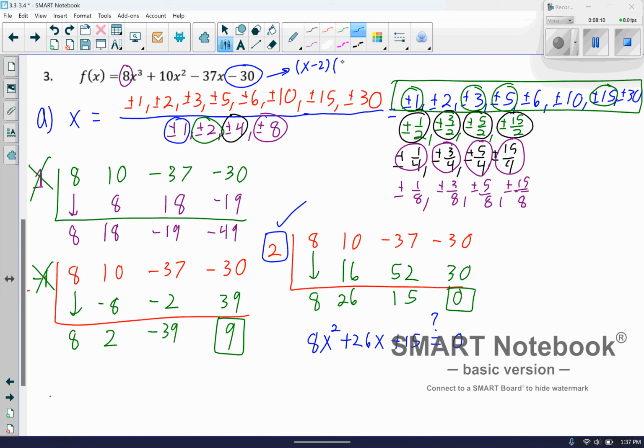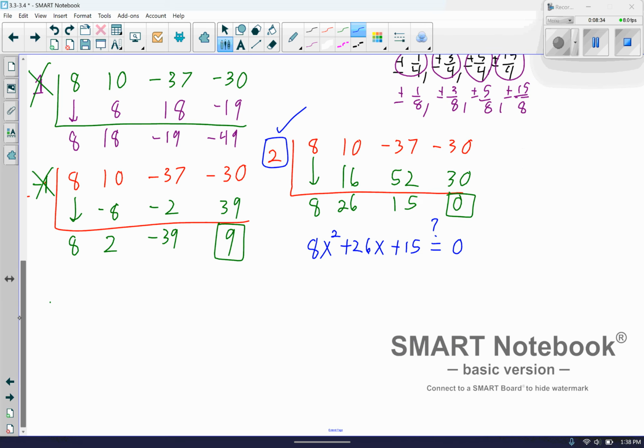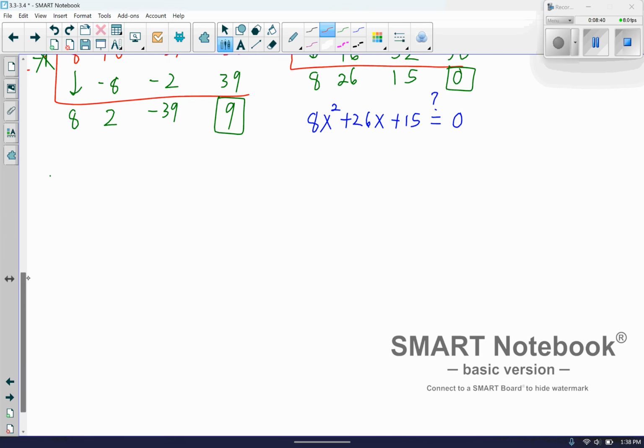And then the 8x squared plus 26x plus 15. So I've factored it into these two pieces, and we're trying to figure out what makes it equal 0. I know 2 works, but now I'm going to have to focus on the trinomial here and factor this down. These numbers are a little larger than we've been working with, so if you need to, you can use a calculator, but it shouldn't give us too much trouble.